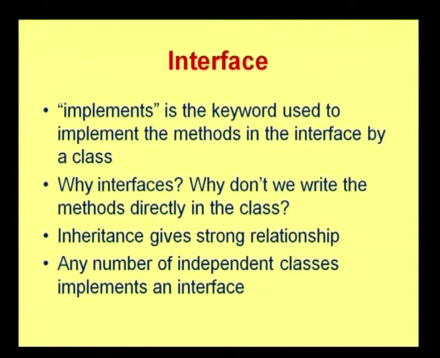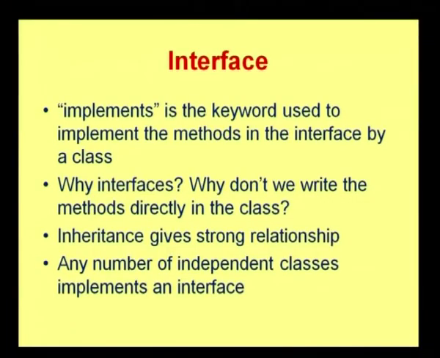So, why do we have a specific interface and then try to implement it? Why do we not have all the methods inside the class itself? We have to understand that the common set of behaviors is put as an interface. Also, whenever I have a class and I inherit it, it gives a strong relationship between them.